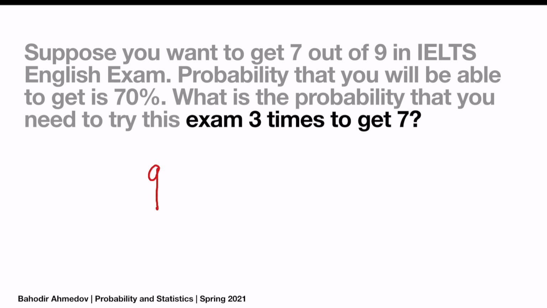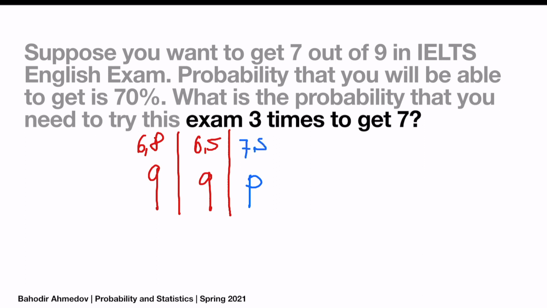You couldn't get 7. So let's say you've got 6.8. Is it a valid score in IELTS? Is it possible? Okay. So the second time you fail again. You've got 6.5. Okay. In the third one you finally made it, and you've got 7.5, let's say. Okay, so this is a possible scenario, and actually this is the only scenario to get this, right?